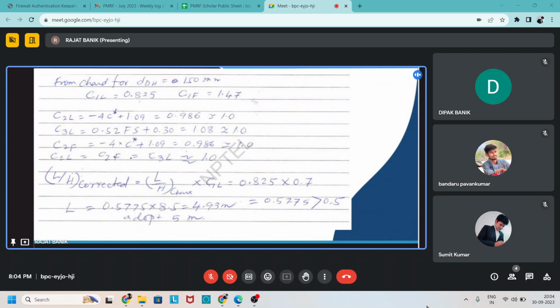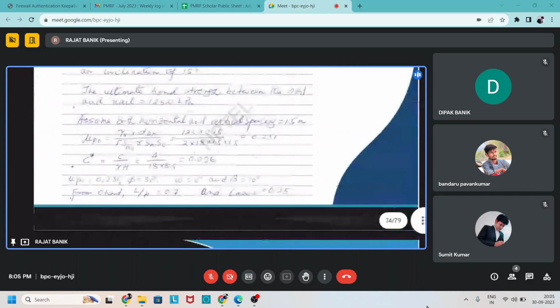which is called the factor of safety correction, it is given by 0.52 factor of safety plus 0.35, because the chart is designed for a factor of safety of 1.35, but here a different factor of safety is given. Also this chart is given for a normalized value of 0.02, but we find that our normalized value is different, so we need to correct it.